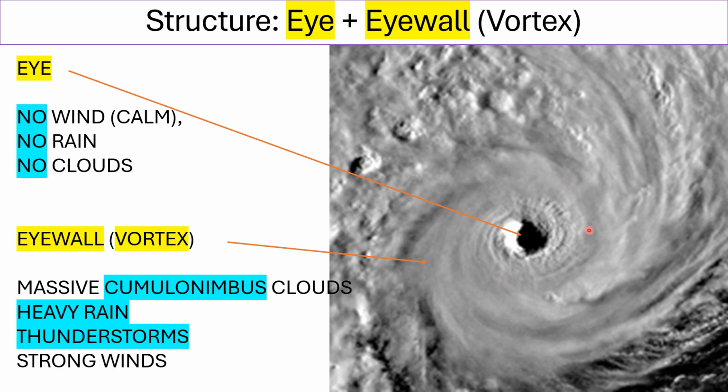And this is also where your strongest winds are experienced. So at the eye, strangely enough, no wind, no rain, no cloud, very, very calm conditions. However, at the vortex or the eye wall, we have the formation of these massive cumulonimbus clouds that do produce rain and thunder, and strong winds then are found in the vicinity of your eye wall or your vortex.